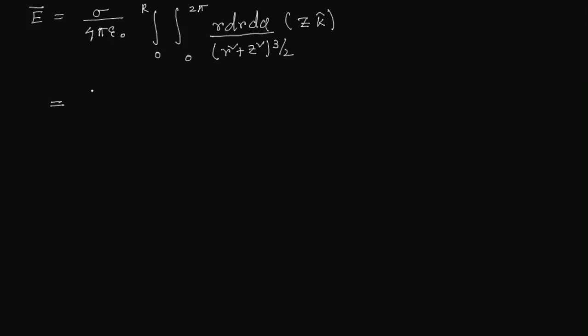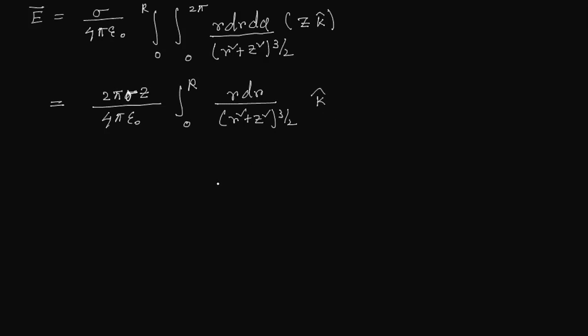And then we can take this z outside. So what will we get? We'll get 2 pi sigma z divided by 4 pi epsilon naught, and then we have to integrate this r-dependent term, r dr divided by r square plus z square whole to the power 3 by 2, and the direction will be plus k cap.